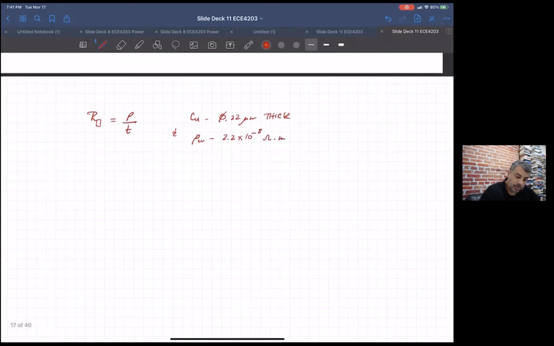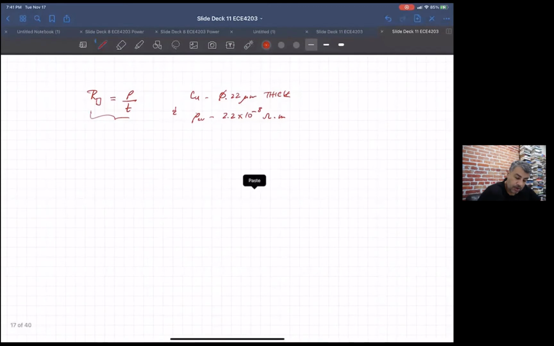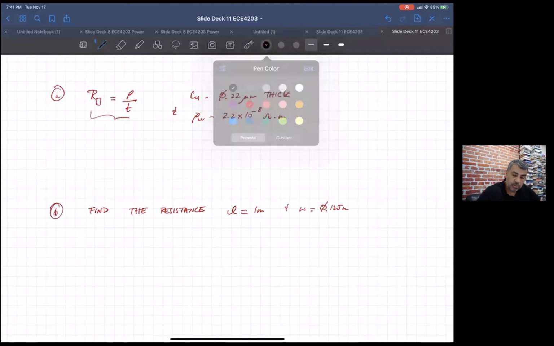So the first thing we want to do is find this sheet resistance. And then you want to find the resistance of a wire with length 1 millimeter and width 0.125 millimeter. So this is A, this is B. Why don't you guys give that a shot and we'll see if we can figure it out together.